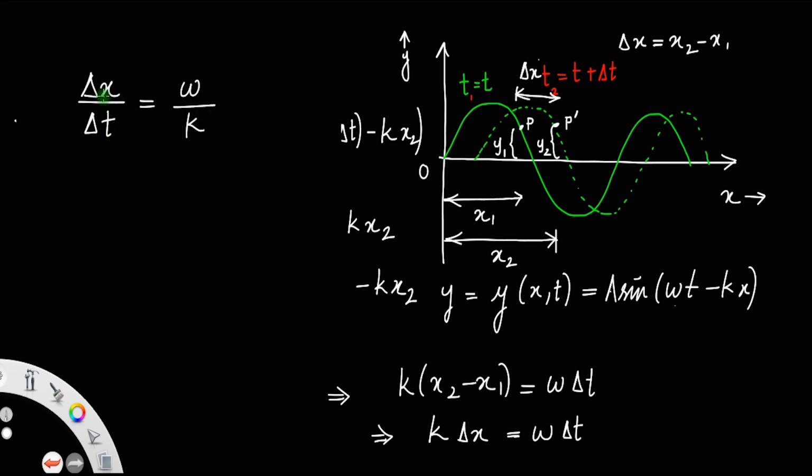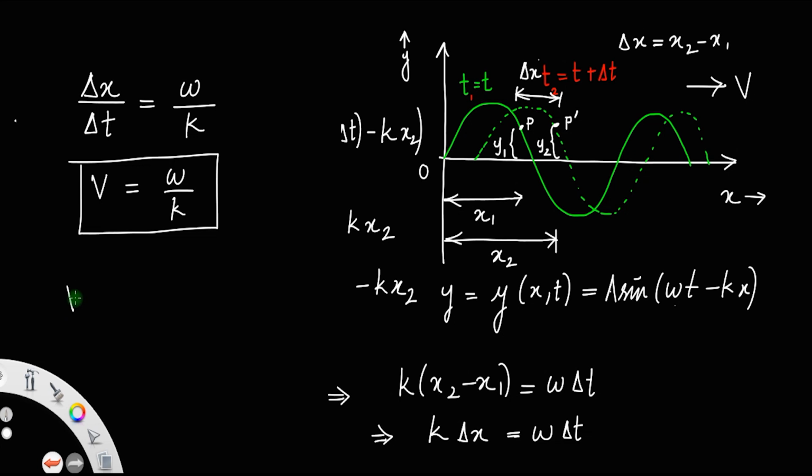What actually is this delta x by delta t? The horizontal displacement divided by time, which represents the velocity of the wave, v. So v equal to omega by k. This is the expression for the wave velocity.